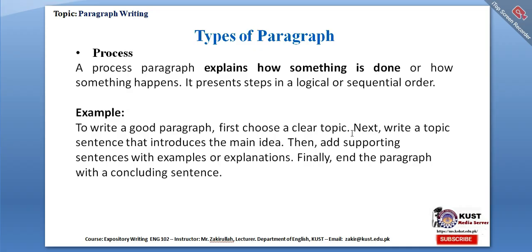So you can see the transitional elements: first, next, then, and finally. In order to make it coherent, you have to use such kind of transitional words, and also it explains how something is done.